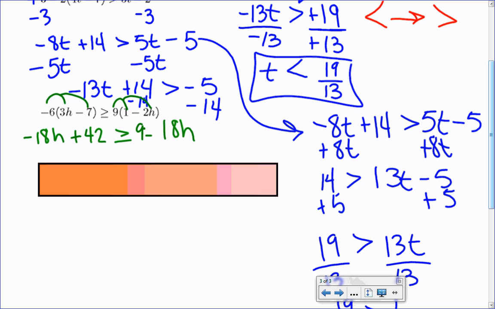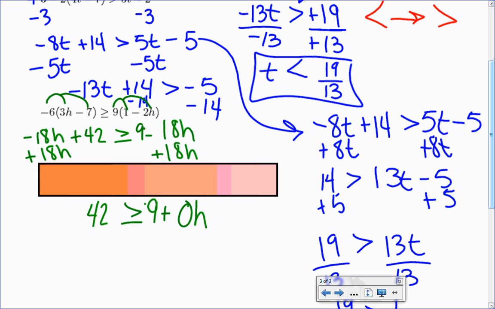So we can add our positive 18h. And something weird is going to happen. We're going to get 0h plus 9. So 9 plus 0h. And that is less than or equal to 42.